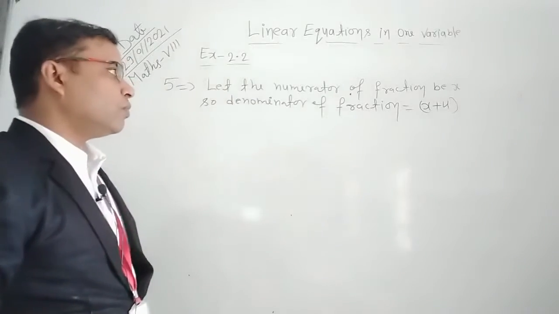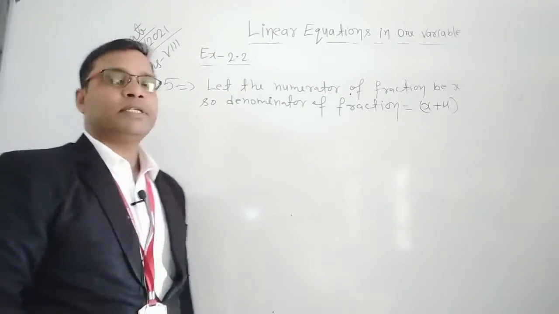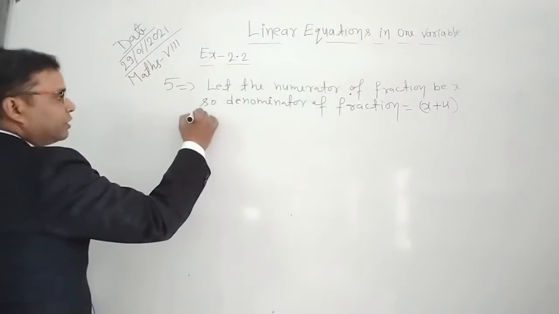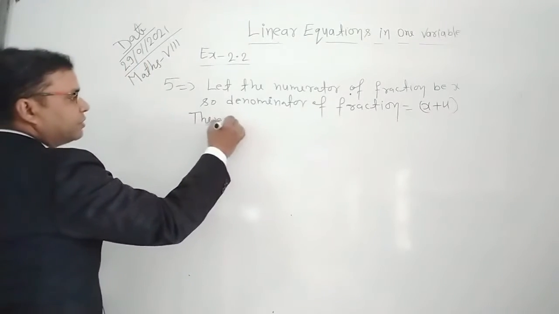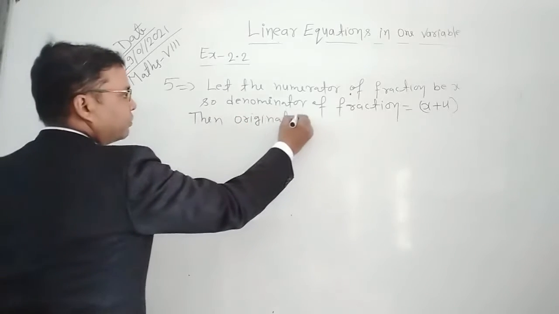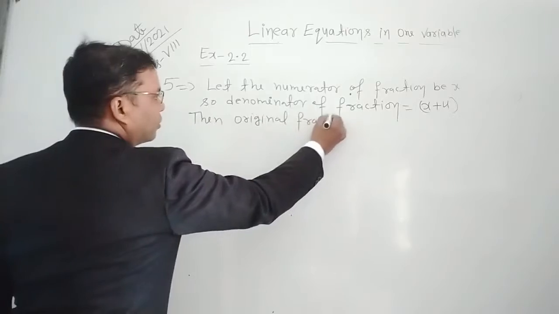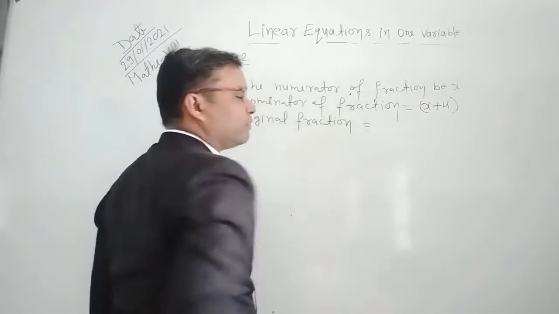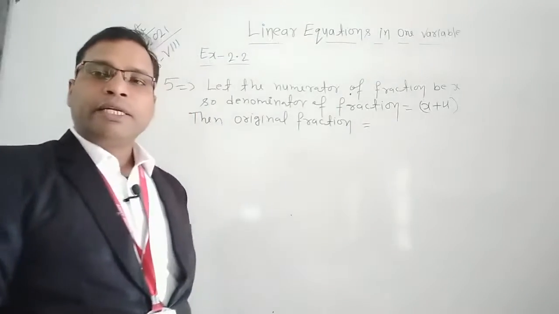Now, what is the fraction? Or you can say the original fraction is equal to what? Original fraction is equal to, you know very well, the fraction is equal to numerator by denominator.